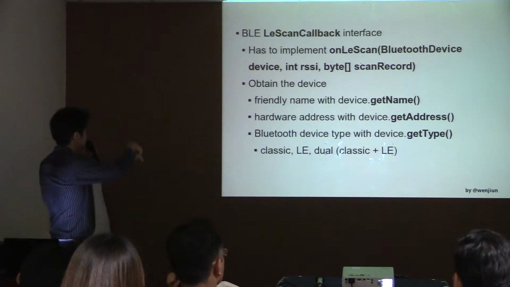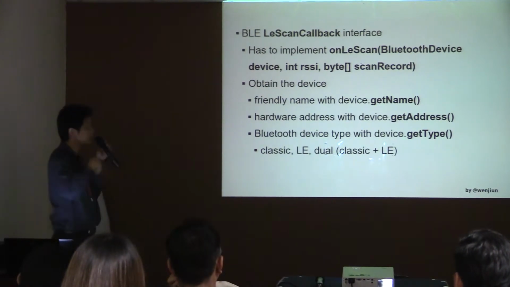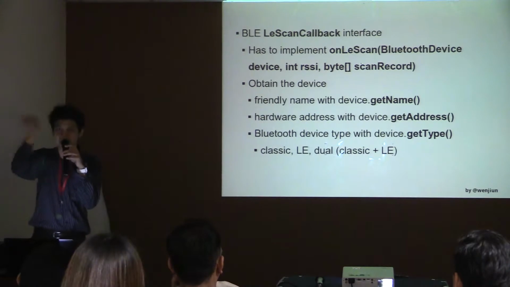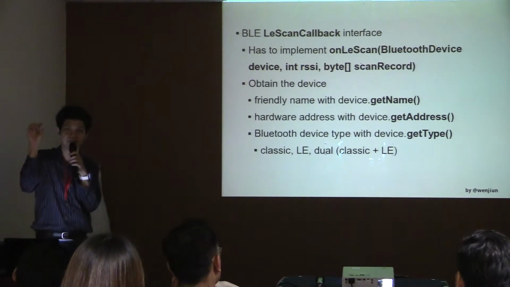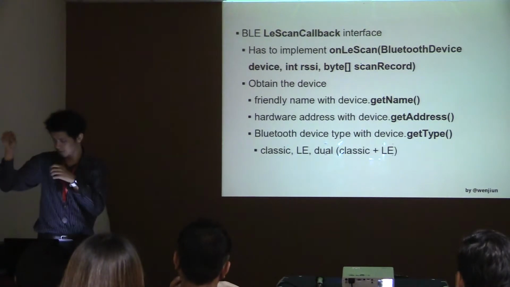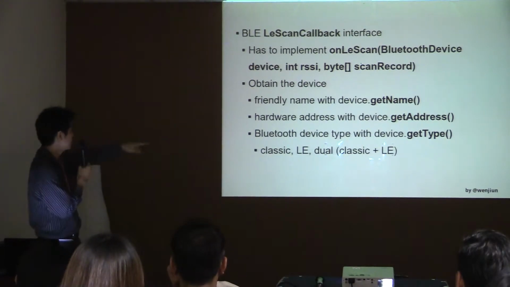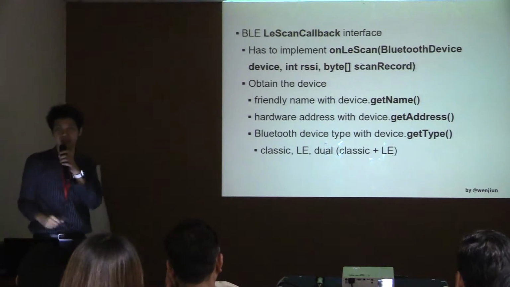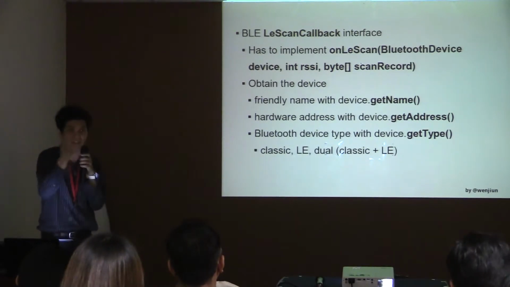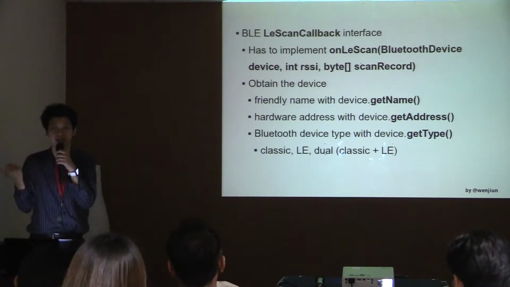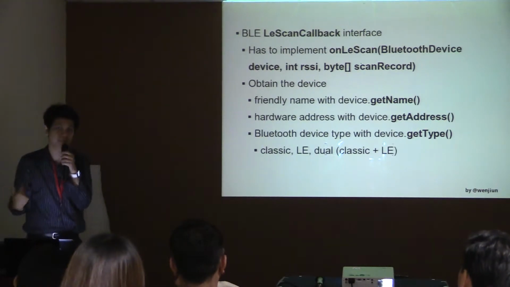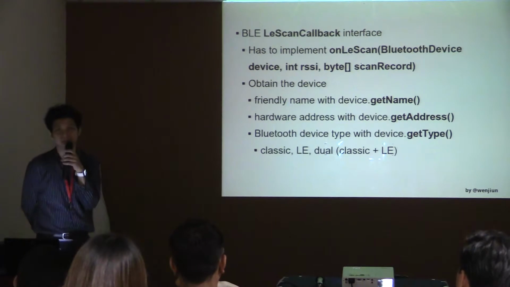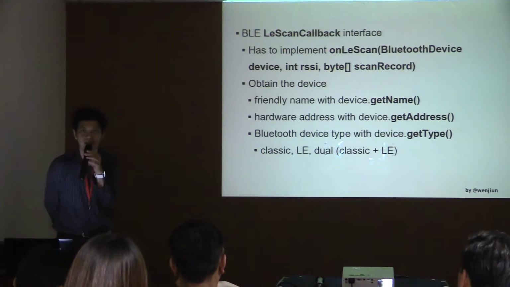So whenever you scan, if you want to fill up the list just now, the name is getName, then the family name, the iChoice, and so on. You get the address, which is the MAC address. That's the important one. The name can never do any unique identification, like me, you see, it can be changed and can have duplicates. But the address is the one you can pinpoint, oh, this is the one.